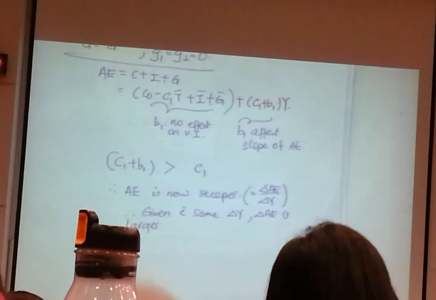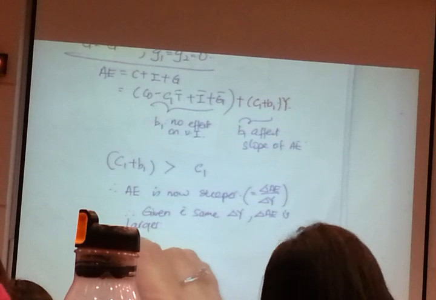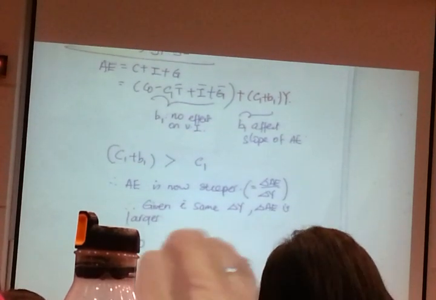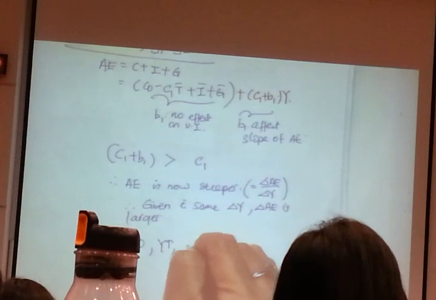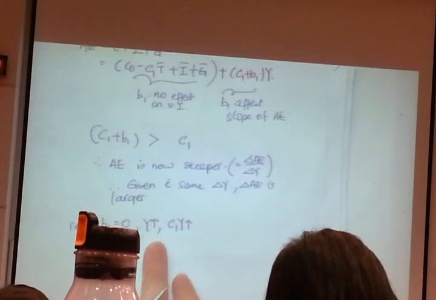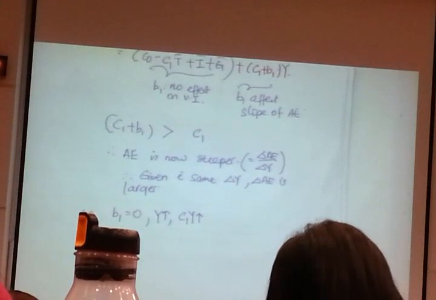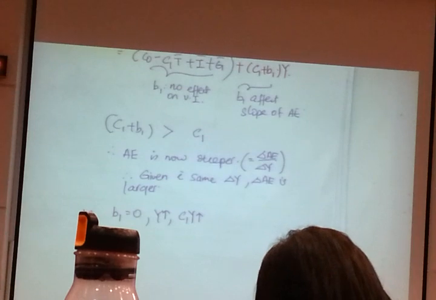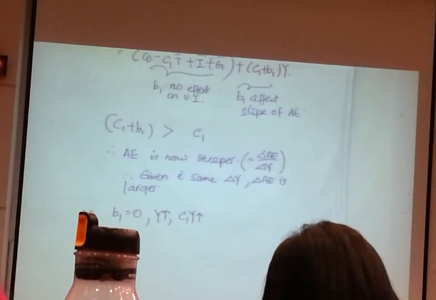Initially, B1 used to be 0. Income goes up, C1Y goes up. This is what you did before the lecture with me, when I asked you to pick 2 points on the AE curve. You must trigger a change, or else nothing is analyzed.